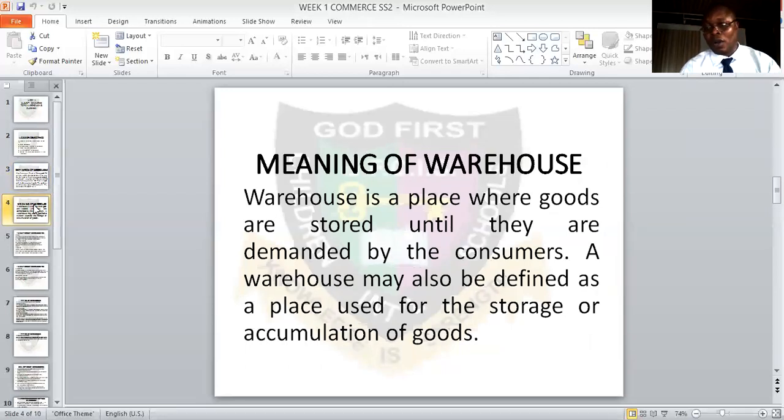I've already defined what warehousing is all about. That is storing of goods until when the consumer will demand for them. Then the meaning of warehouse: a warehouse is a place where goods are stored, a place whereby you store the goods until when the consumer will demand for them.